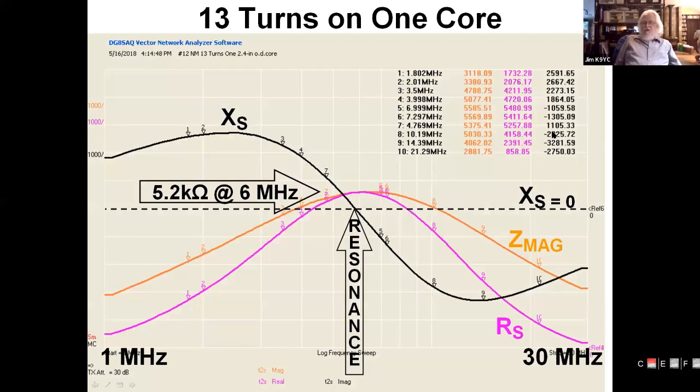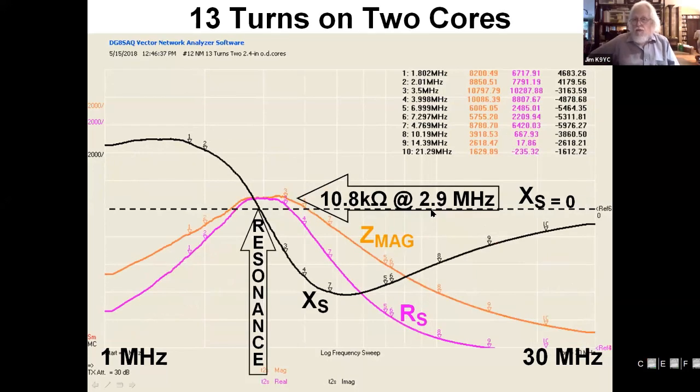Here's a graphic example of that. This, by the way, is what I get from the VNWA. So here's the resonance, which is at 6 megahertz, and we got 5K. And now with 2 of them, the stack of 2, the resonance has moved down to 2.9 megahertz, and it's now almost the same shape of the curve, basically.